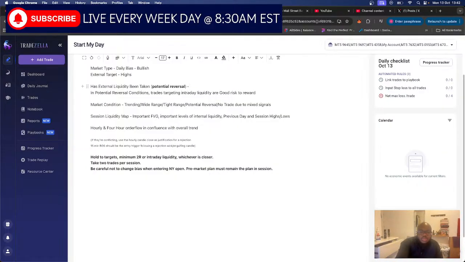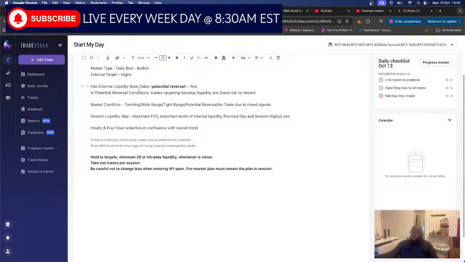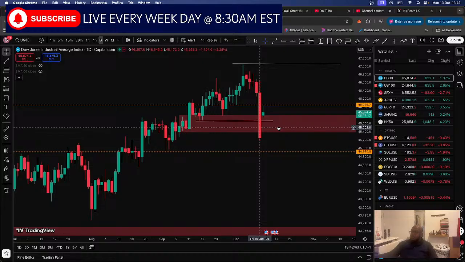Because we swept external liquidity at the lows, we should now be targeting liquidity at the highs. So, has external liquidity been taken? Yes. The daily market bias is bullish, and our external target is our highs, once again our all-time highs. This area of demand is where institutions are going to be looking to buy the market up.